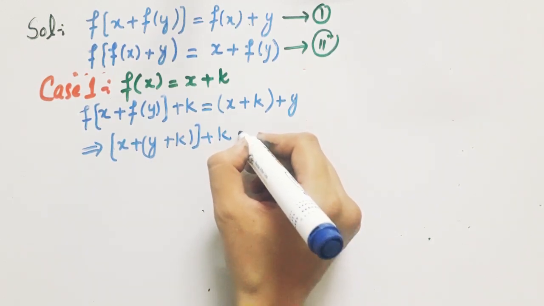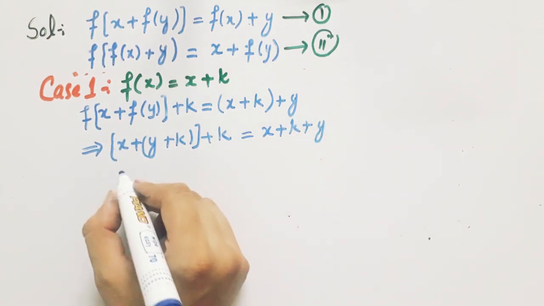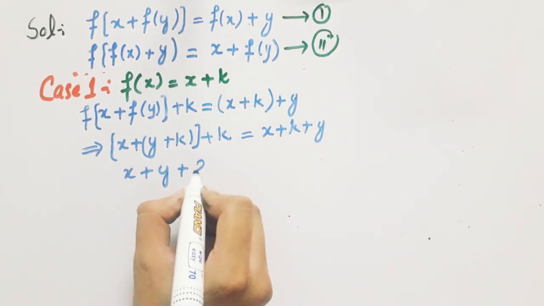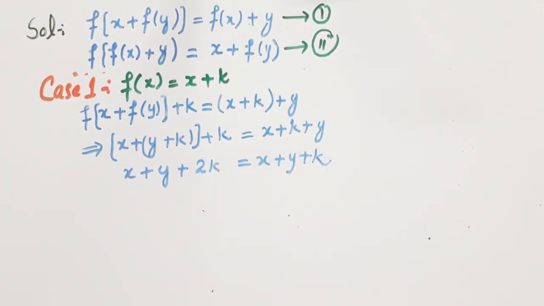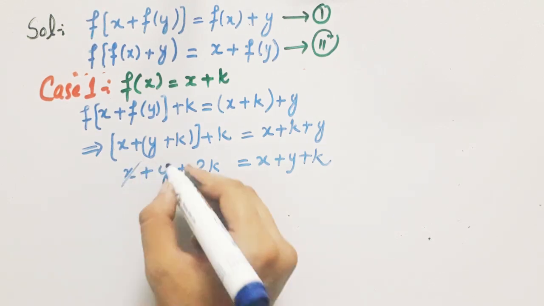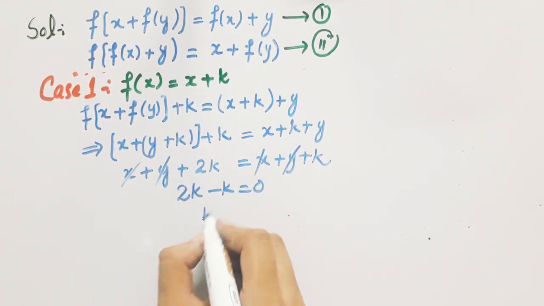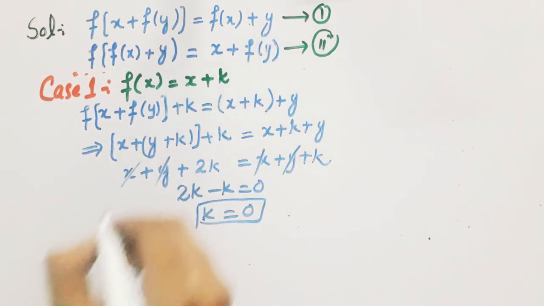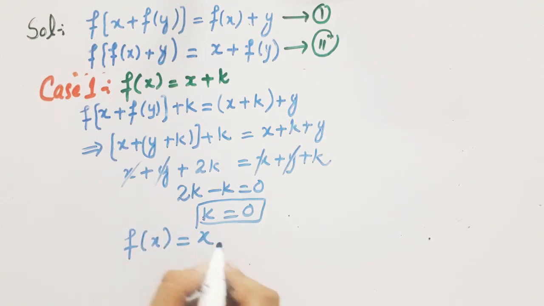Then this is equal to x + k + y. This implies that x + y + 2k = x + y + k. So these cancel out and you have 2k - k = 0, which implies that the value of k is 0. So equation 1 holds such that f(x) = x, because the value of k is 0.